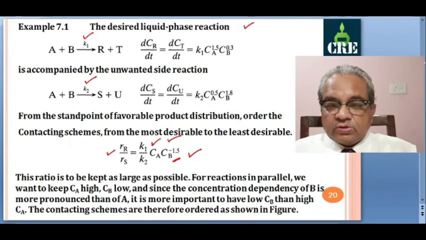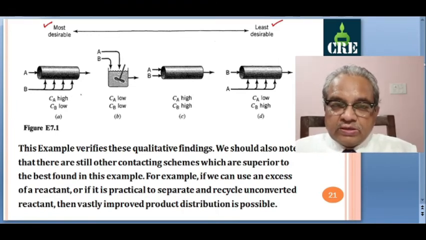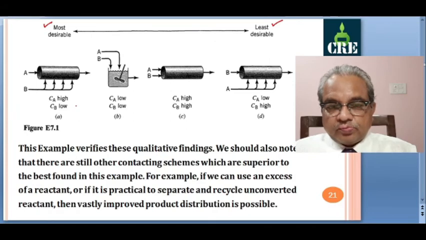The contacting schemes, so suggested contacting schemes from most desirable to least desirable are given here. This side you have most desirable scheme and here least desirable scheme. So based on the previous discussion, when we want CA high and CB low, you will prefer this CA high, and these are side entries of B, low concentration of B that we have seen earlier.